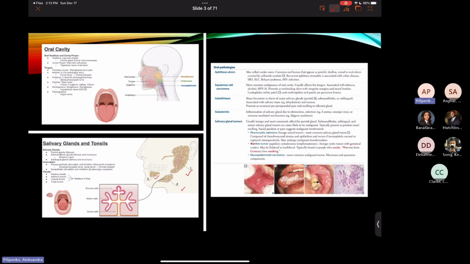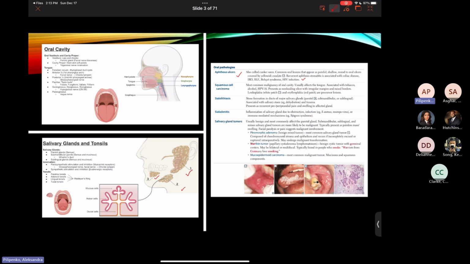On the right side, you see some diseases or disorders that you will see for oral pathology. Your basic ulcers, or canker sores. You do need to know what they are associated with: celiac disease, inflammatory bowel disease, and so on.